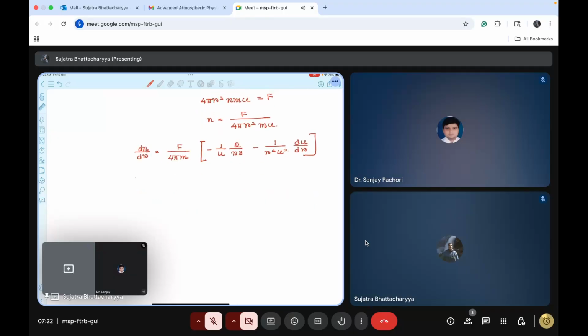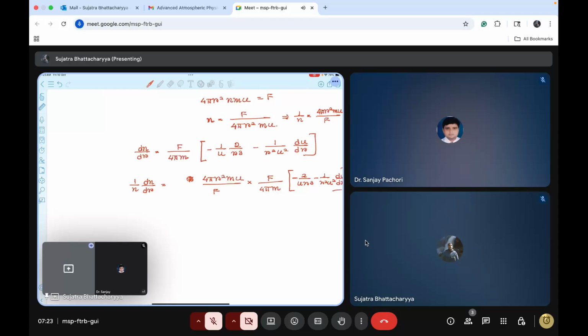Now, instead of dn/dr, let us write 1 by n dn/dr. So 1 by n can be written as 4 pi r squared m u divided by F, into F divided by 4 pi m, into whatever there is in the bracket: minus 2 by u r cubed minus 1 by r squared u squared du/dr.